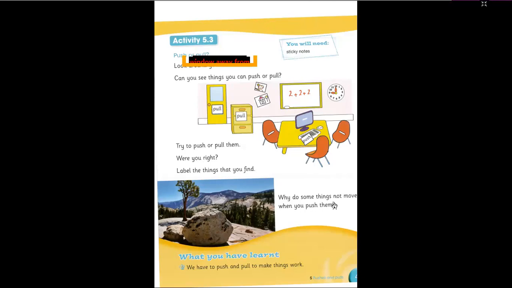Why do some things not move when you push them? Here is an example of a rock. When we push heavy things, they do not move because they are heavy and they stick in the same place.